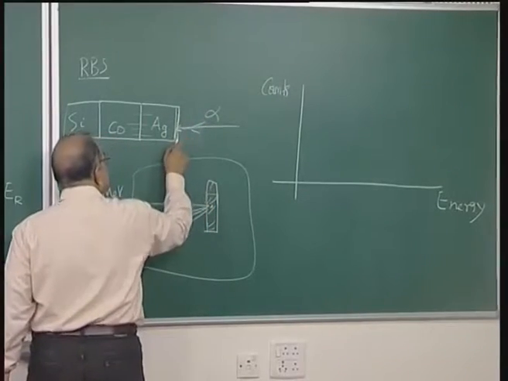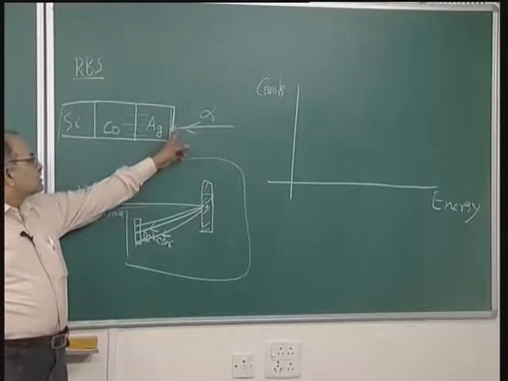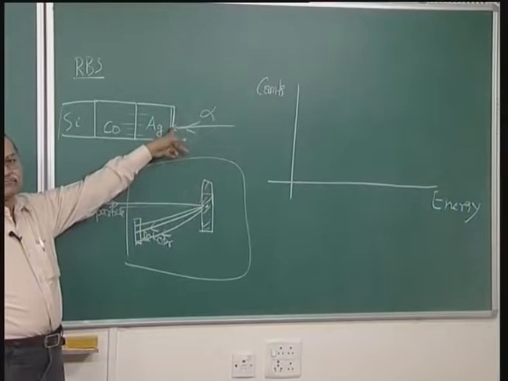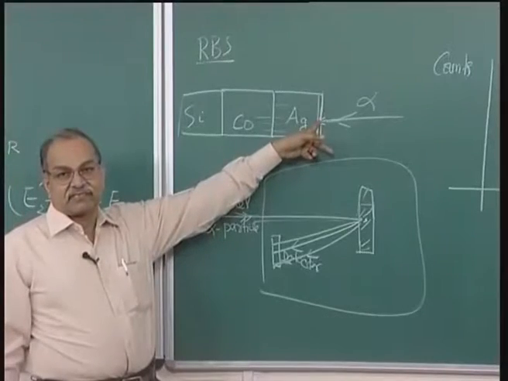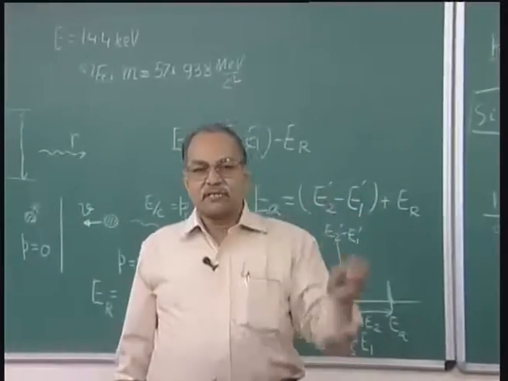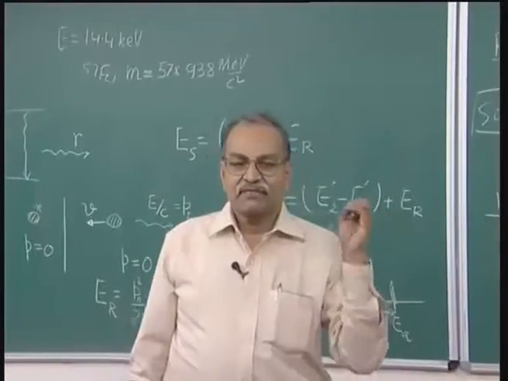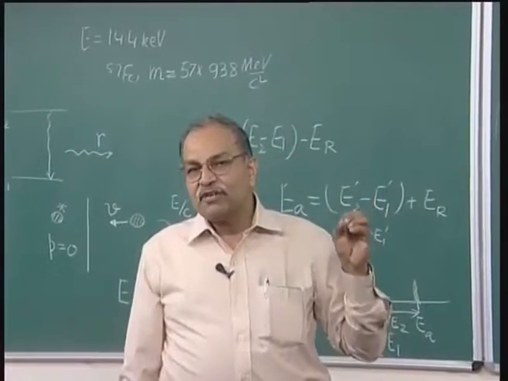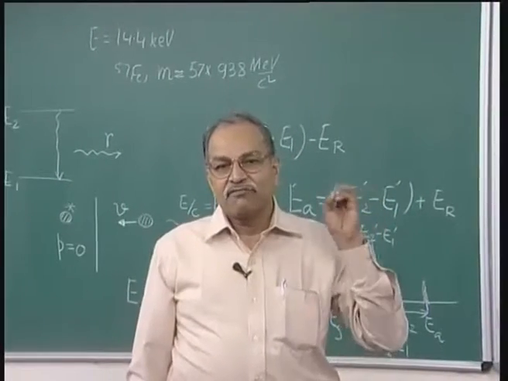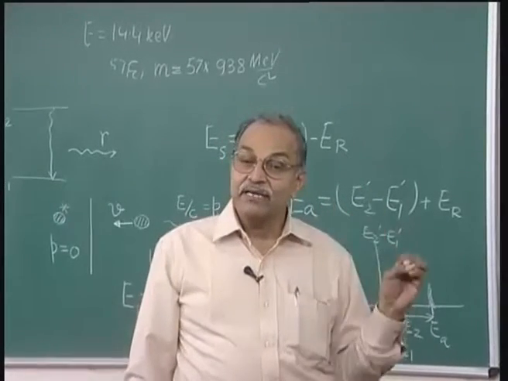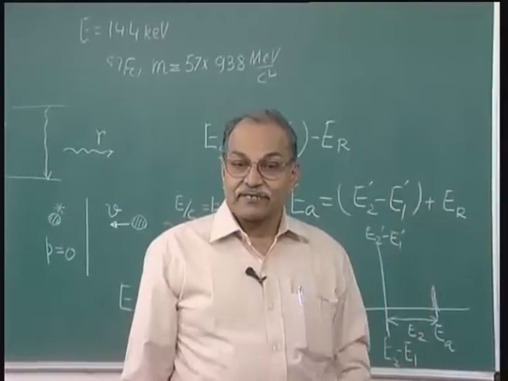Suppose one alpha particle encounters a silver atom right here at the surface. The usual linear momentum conservation and energy conservation can be used to find the kinetic energy of this particle which is scattered at this particular angle to get into the detector.